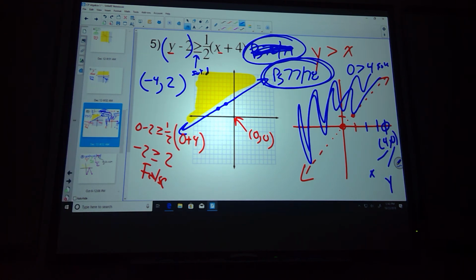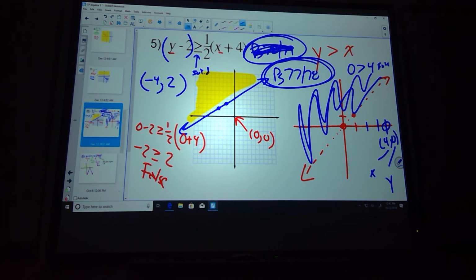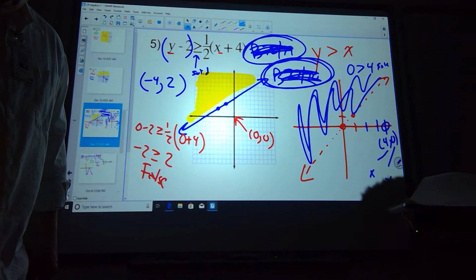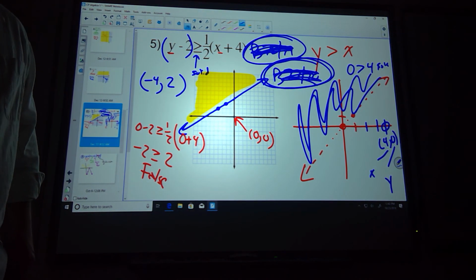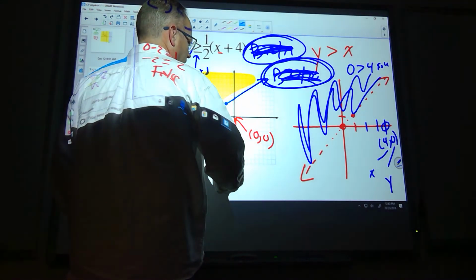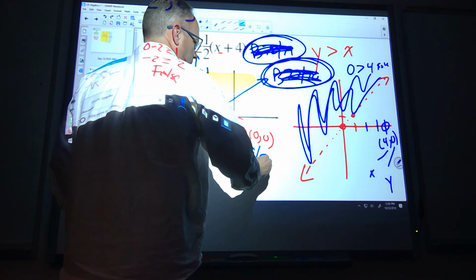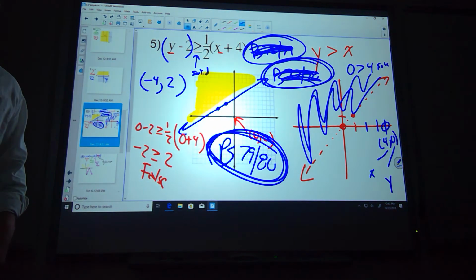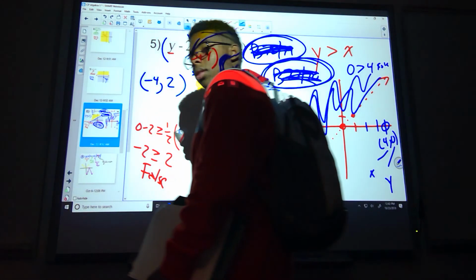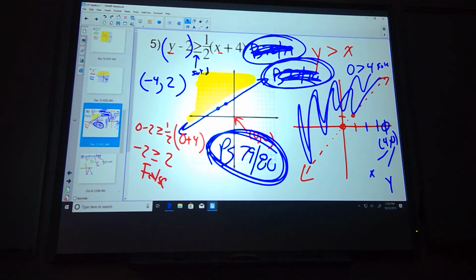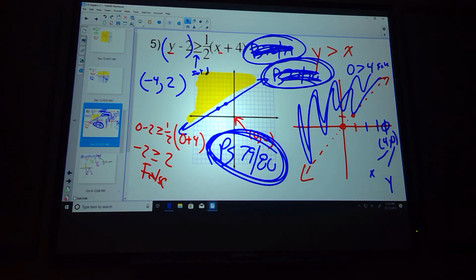Oh, wait, you know what? I don't want you to do that. I'm scratching that. We're not doing that. We're going to do page 79 and 80. 79 and 80 is exactly what I want you to work on for tomorrow. So we'll actually put that on the board. Check 79 and 80. So you're actually going to be skipping a couple pages.